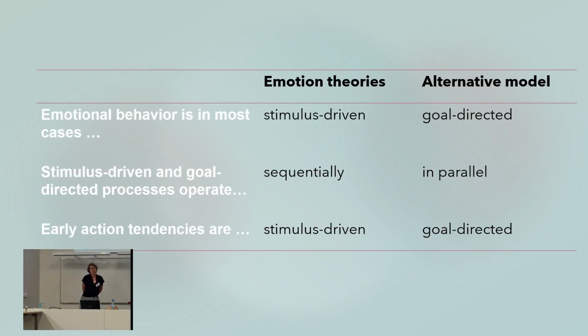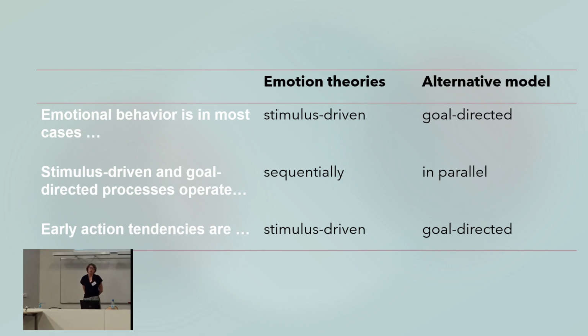So here is a quick summary of the differences of these two approaches. Common emotion theories think that emotional behavior is in most cases stimulus-driven, and the alternative model would say that it is goal-directed. The common emotion theories say that these processes operate sequentially, versus the alternative model says that they operate in parallel.